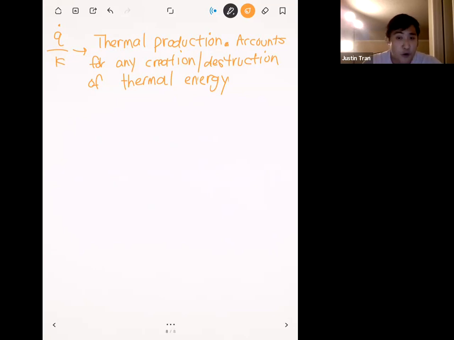Even though energy in its raw form can't be created, it can be transformed from one system to another, right? In this class, in heat transfer, most of the time we're only really concerned with just thermal energy. Since we're considering just one form of energy, it is possible to create thermal energy by converting it from a different form. Okay.